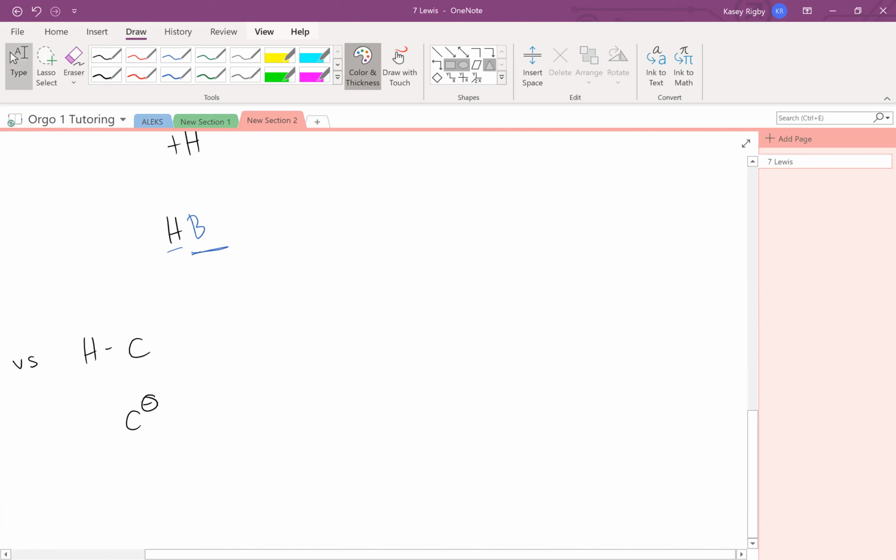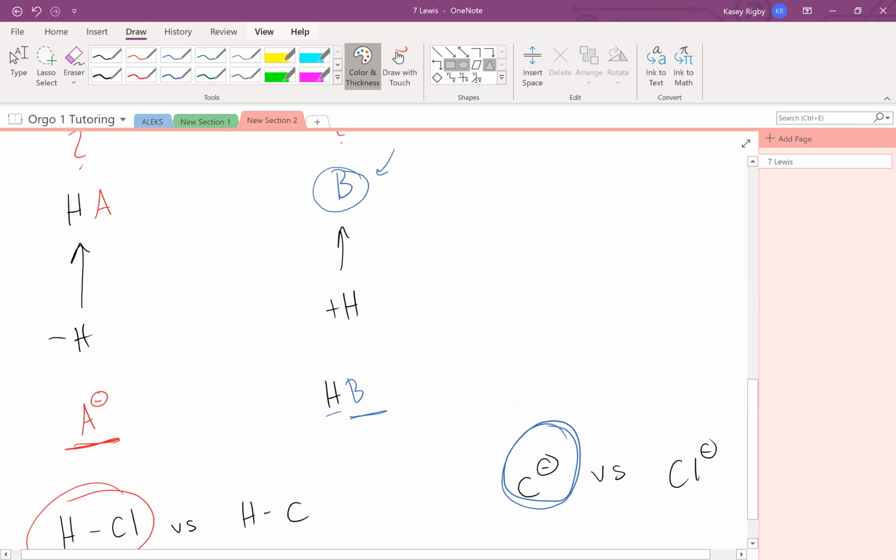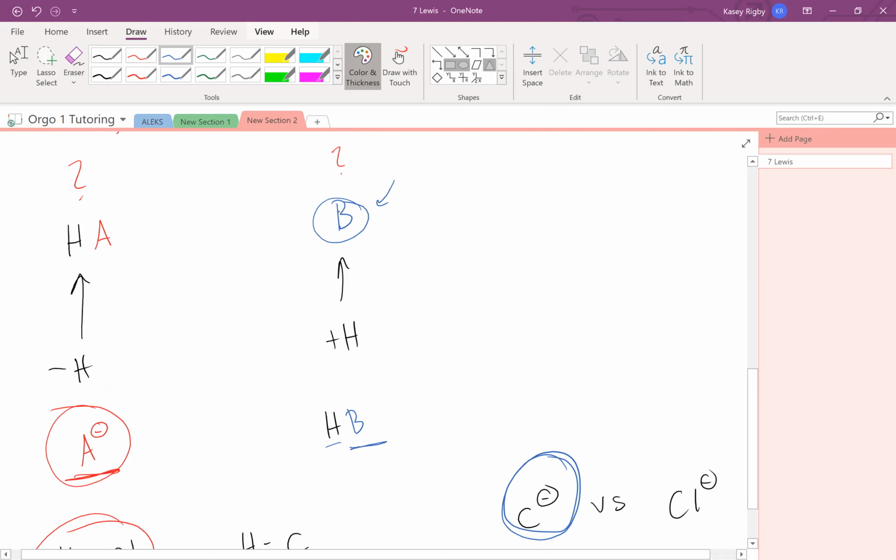So again, if we had CH3 negative versus Cl negative, CH3 negative is a stronger base because it's less stable. Okay? So what makes an acid strong? Just to review. The more stable the acid is without that H, the stronger it is. And the less stable a base is without that H, the stronger it is.